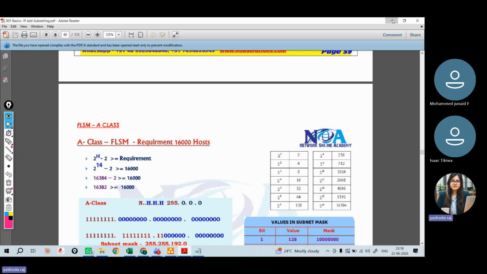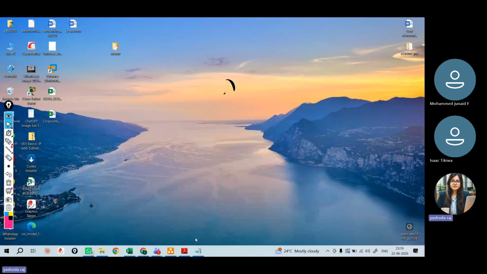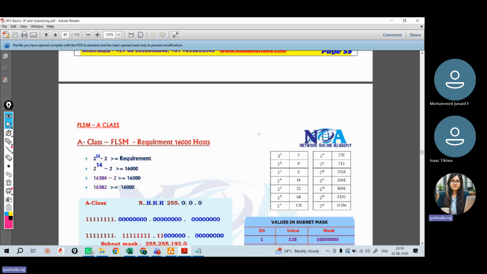For 16,000 hosts, for class A, you solve the 10.0.0.0 network. Is it 16,000? Yeah, 16,000 hosts. Okay.